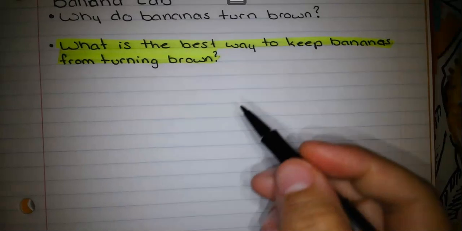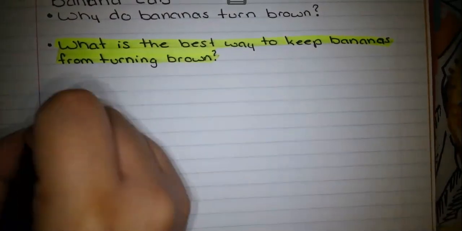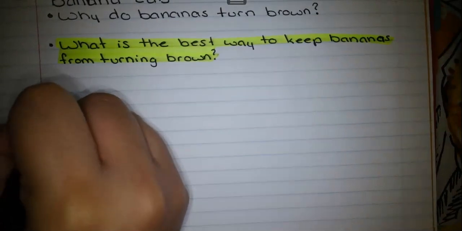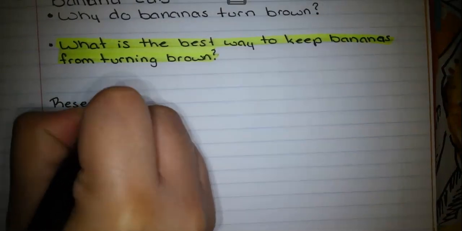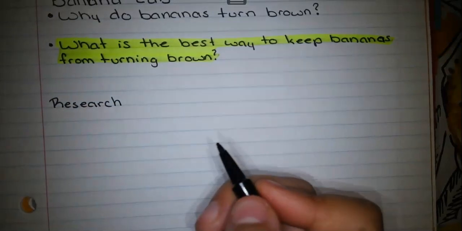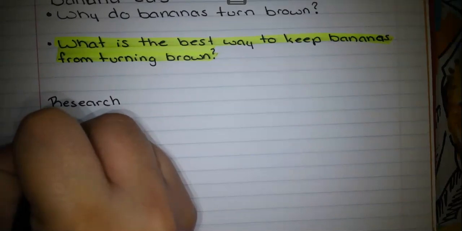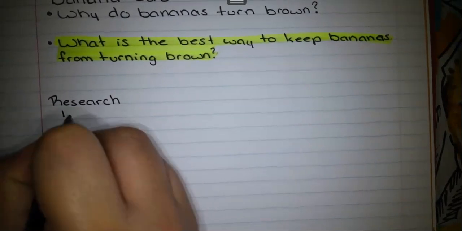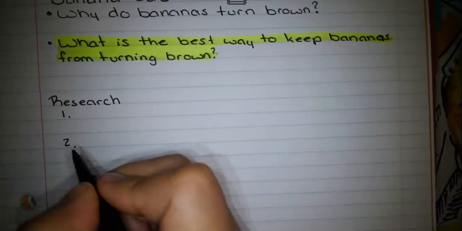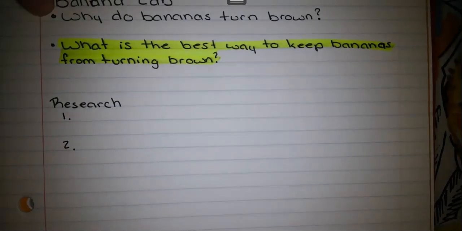So your paper would look something like this. Research. You're going to find 2 articles that are going to let you know why bananas turn brown.